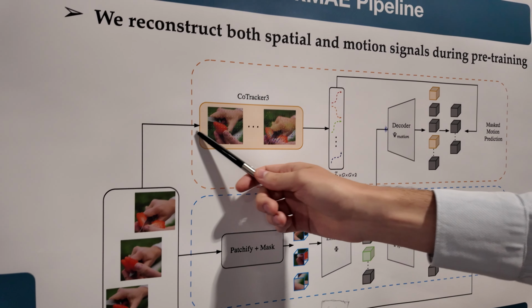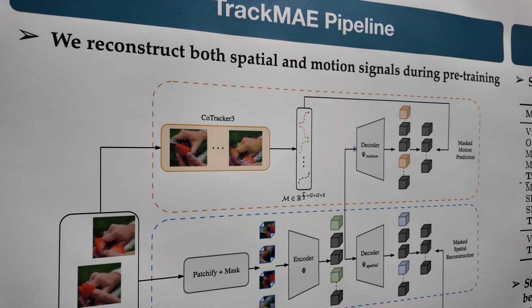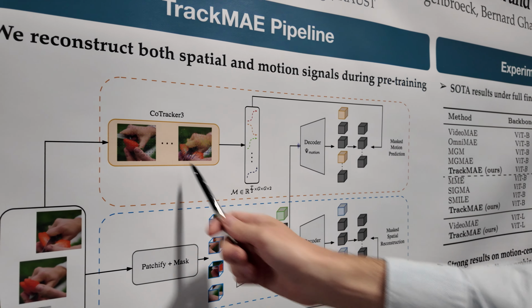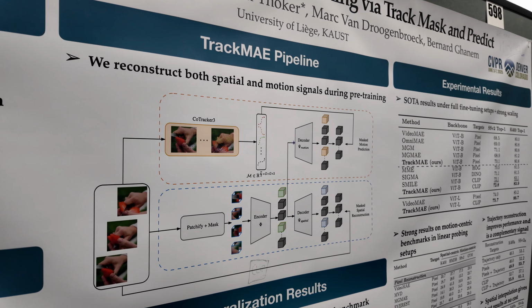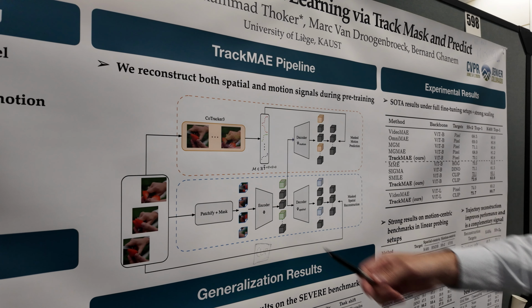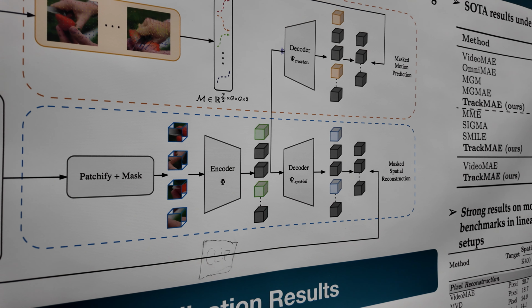So if you look at the upper part of the pipeline, using the input frames, you feed them to an off-the-shelf point tracker to extract trajectories. We need to do it in a sparse way because extracting trajectories is kind of expensive. And so based on these extracted trajectories, you do exactly the same pipeline as VideoMAE.